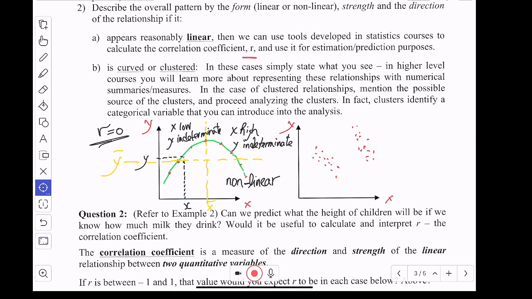Any other comments? Non-linear, Gabrielle.